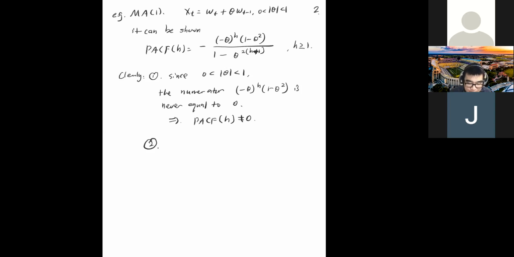And observation number 2. Okay. But the PACF would still provide us some information about the MA(q) model. So as h goes to infinity, we can see minus theta to the h goes to 0, right?